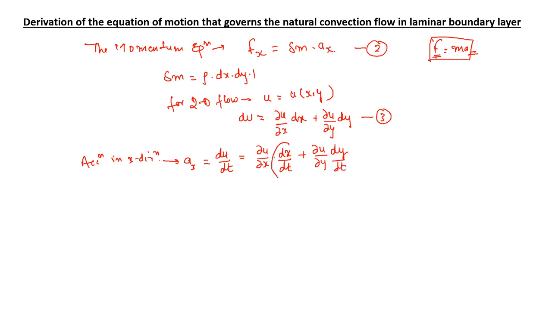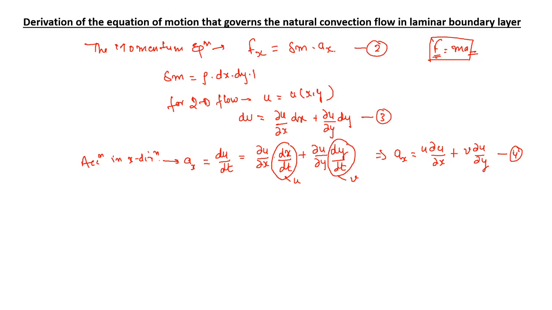This dx by dt and this dy by dt are nothing but the velocity in the respective directions: this is equal to u and this is equal to v. So from here we have acceleration ax is equal to u times ∂u/∂x plus v times ∂u/∂y. Let's say this is equation number 4.